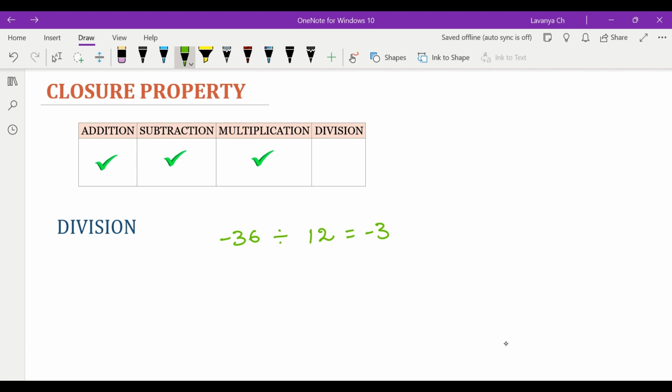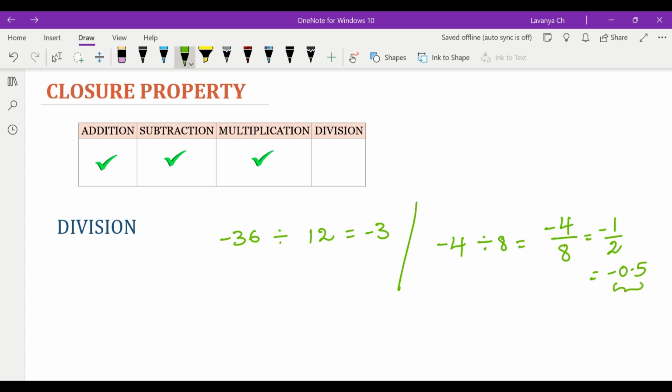But now if I take some other combination of integers like negative 4 divided by 8. So this we can write like this as well. After completing this, we'll have negative 1 by 2 as the quotient, or we may write it as negative 0.5. This is a decimal.